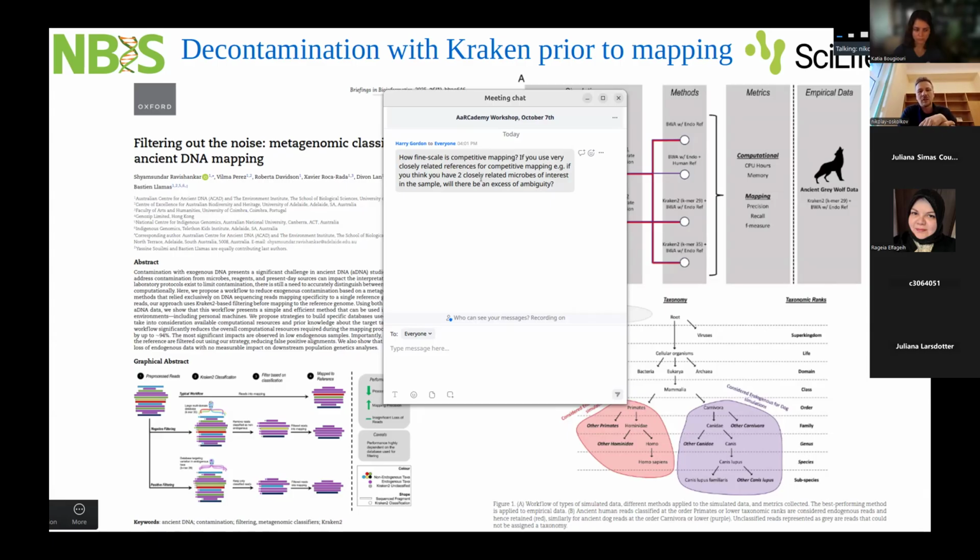You have to be on the safe side, and a lot of reads will map with the same affinity to both of them, and maybe a small fraction of reads will map uniquely to Yersinia pestis, while they were given the choice to map to another Yersinia.